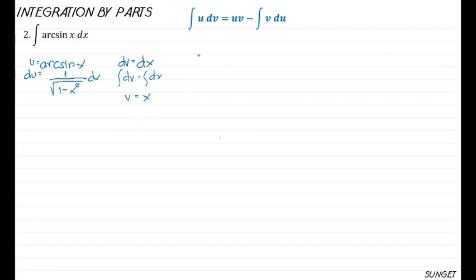So using the integration by parts formula, integral of arcsin x dx equal to u times v, so we have arcsin x times x minus integral of v du.